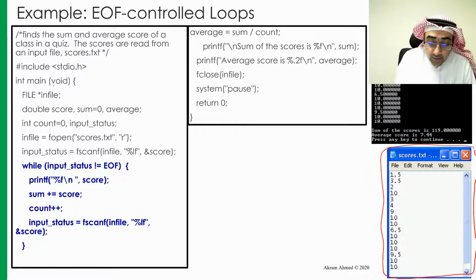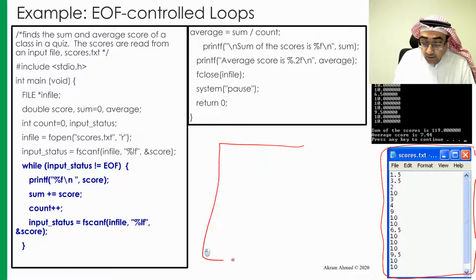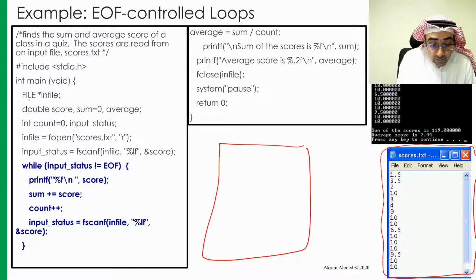In my main program, when I start, I'm going to be allocated memory. I am declaring a file pointer, so I'm going to make an infile. That is a pointer. Again, this pointer is going to be assigned a value when we do an fopen.